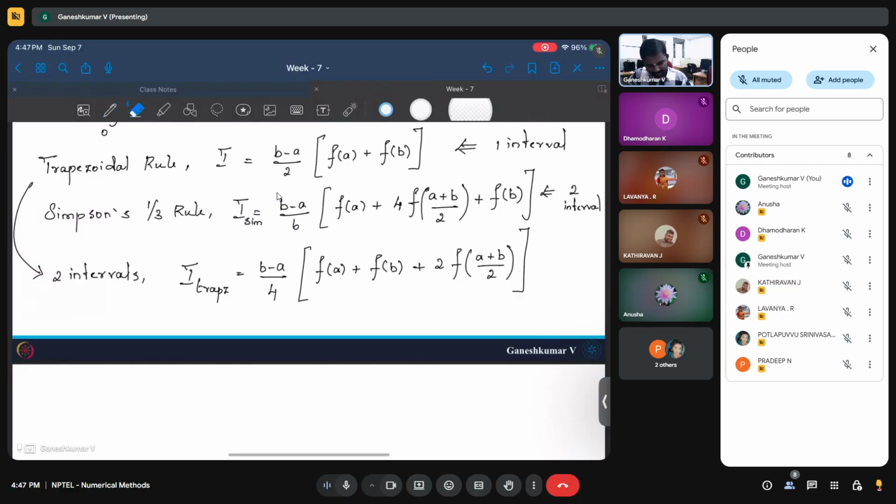So that's what I simplified and wrote. This is for two intervals.